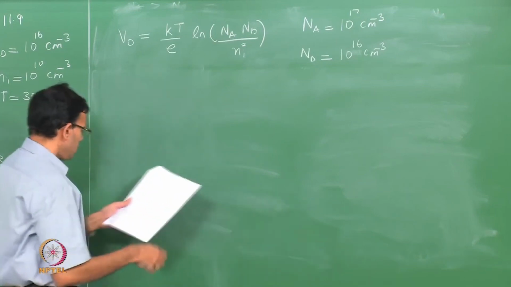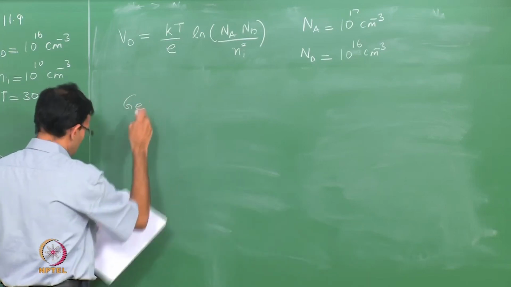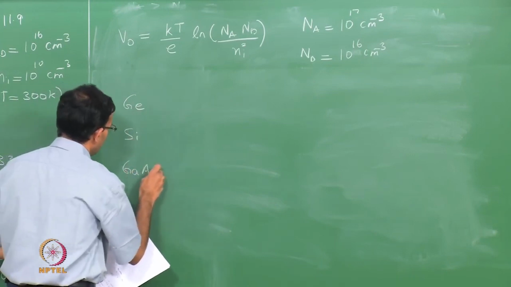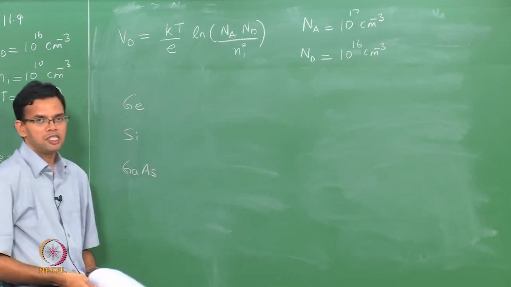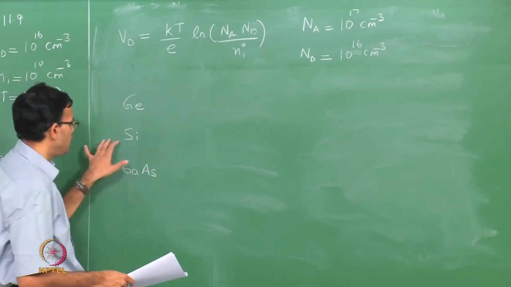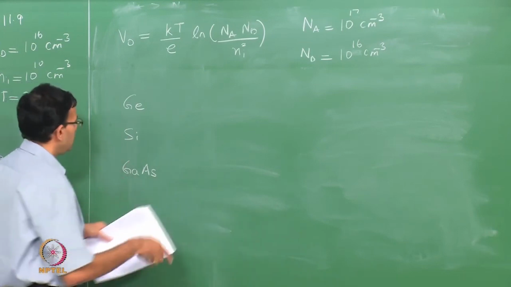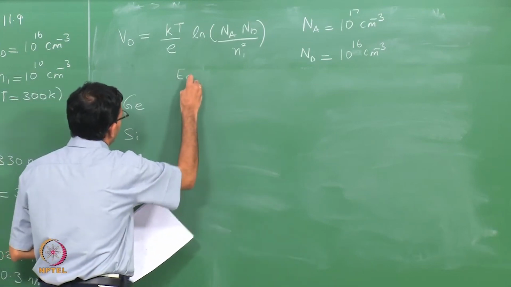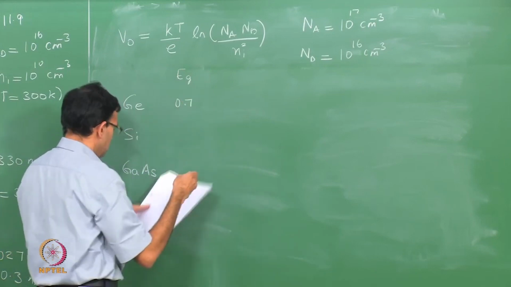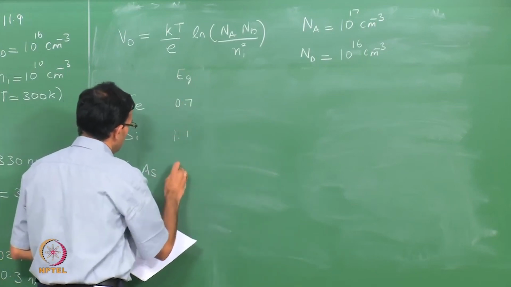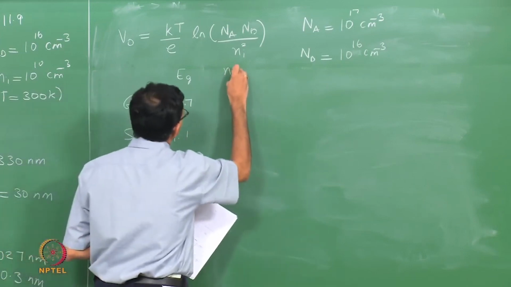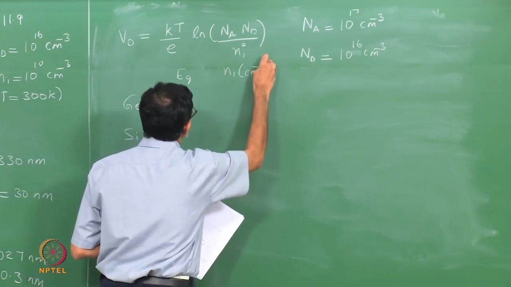potential. So, if you look at three materials, germanium, silicon, gallium arsenide. So, we are forming p-n junctions between two germanium P and N, same with silicon, same with gallium arsenide. The band gap values at room temperature are 0.7, 1.1 and 1.4. Ni is different.